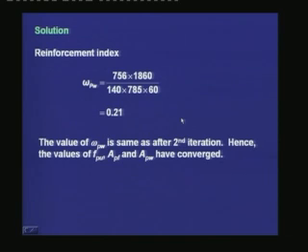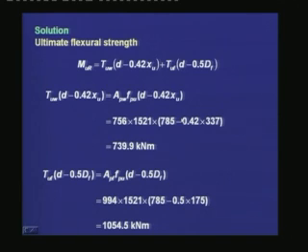Thus, the values of Fpu, APF and APW have converged, and from that we now calculate the ultimate moment of resistance, which is given as TUW times the lever arm, d minus 0.42 XU, plus TUF times the lever arm, d minus 0.5 dF.